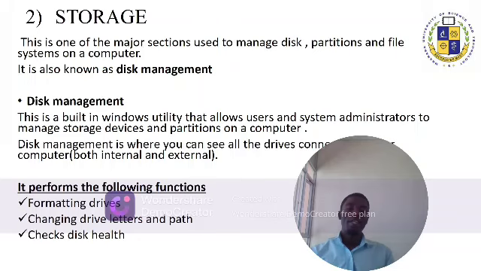This is a built-in Windows utility that allows users and system administrators to manage storage devices and partitions on a computer. Disk management is where you can see all the drives connected, both internally or externally, on your PC.